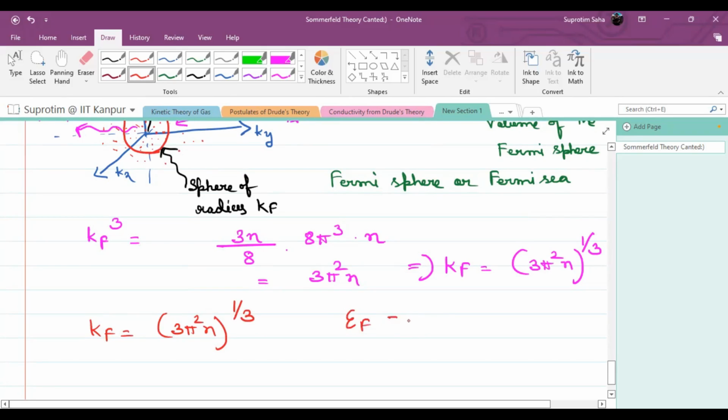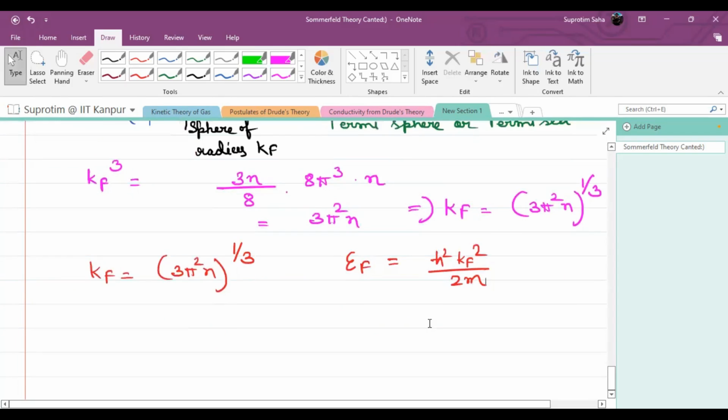So how do we get the Fermi energy? E_F equals ħ² kF² over 2m. This is just a solution of the Schrodinger equation, and at the Fermi energy this is the form. So your Fermi energy will be given by ħ² over 2m times (3π² n) raised to 2 over 3.